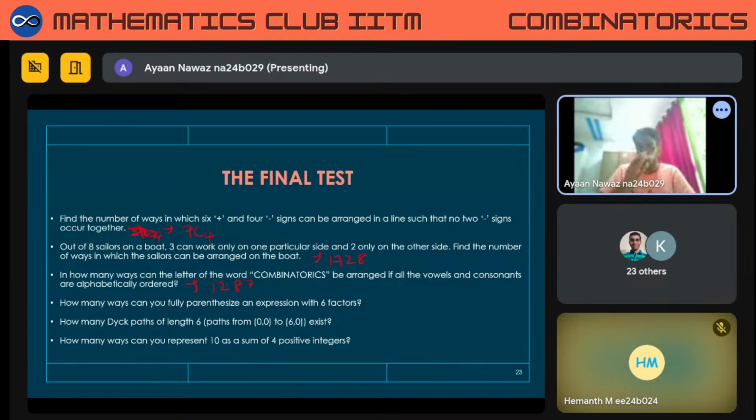1287. Yep. How many ways can you fully parenthesize an equation with 6 factors? This comes under Catalan numbers.